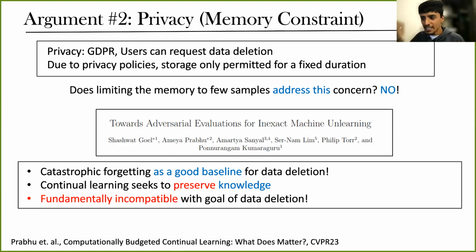Continual learning is fundamentally incompatible with the goal of data deletion. If you want to truly remove all information from a network, you can't retain the knowledge. This is explored quite extensively in the machine learning literature, and we need to learn from that and say that if you want to preserve privacy, continual learning is not possible, or it's a different problem and needs to be tackled separately.